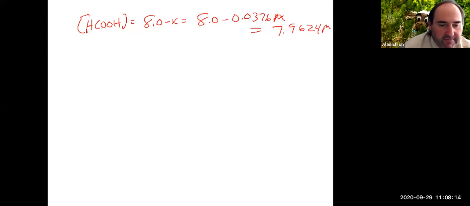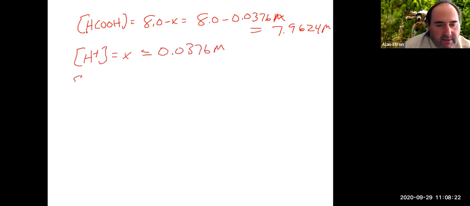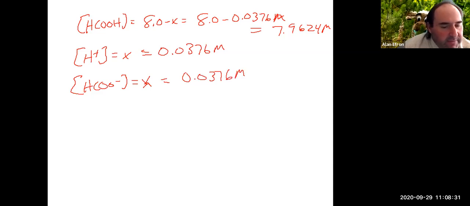I'll just keep all the numbers for now. We also found our H plus is equal to X, which would be 0.0376. We also saw that our HCOO minus from the table is equal to X, which would also be 0.0376 molar. So by using that percent ionization, we were able to figure out the equilibrium concentrations of everybody.